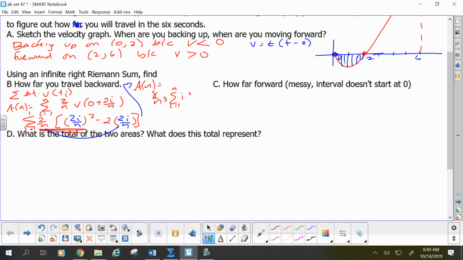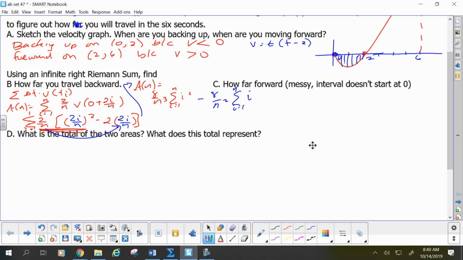It's 4 over n, 8 over n, so minus 8 over n what? Squared or cubed? There's one in there, one in there, so that's squared, 8 over n squared, and a bunch of i's.